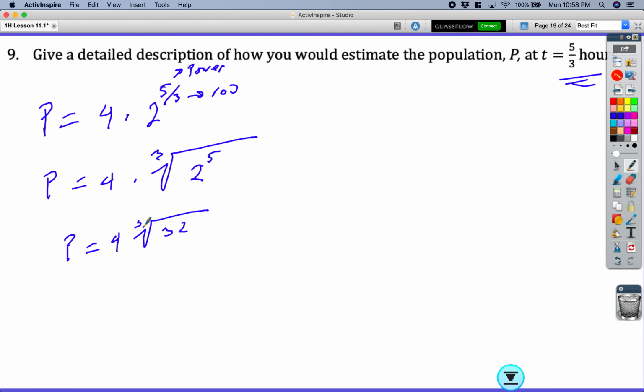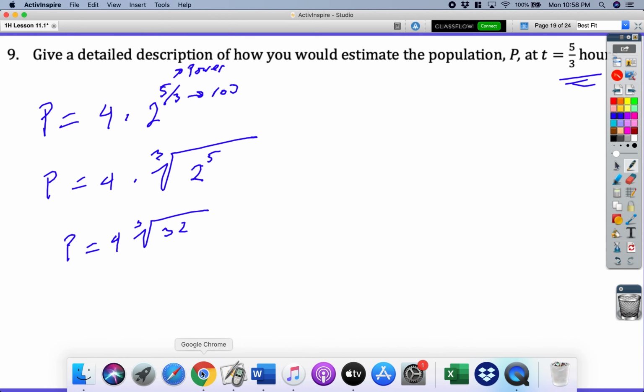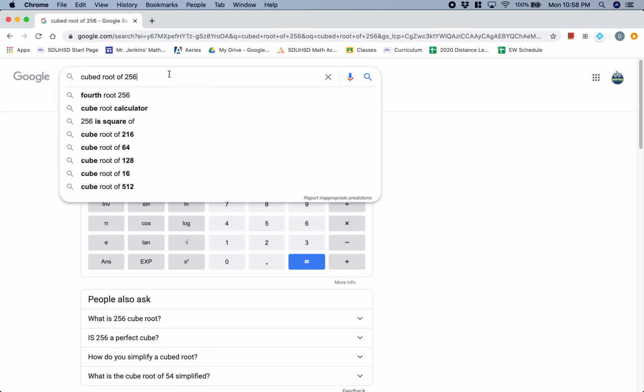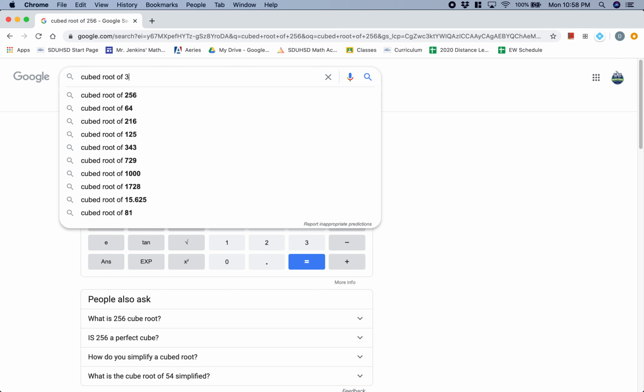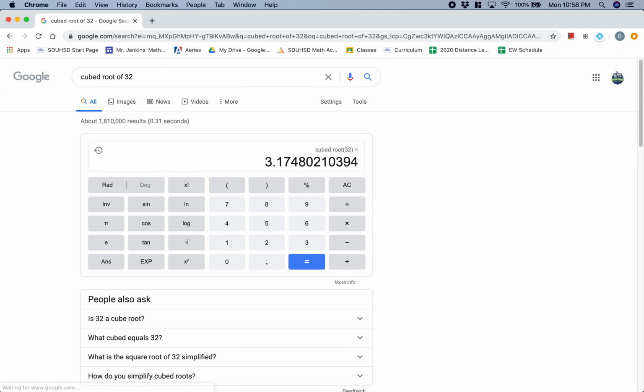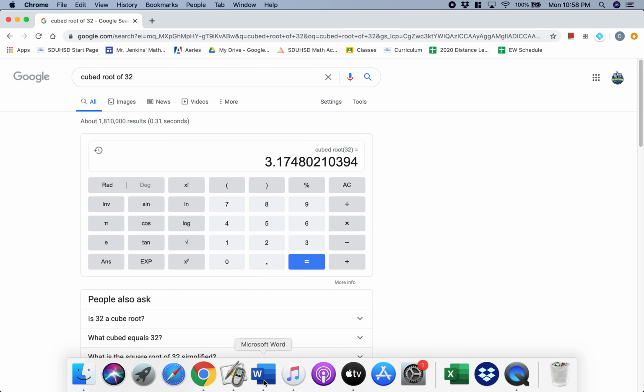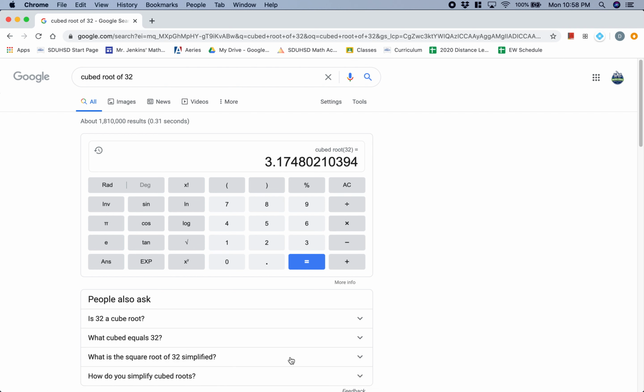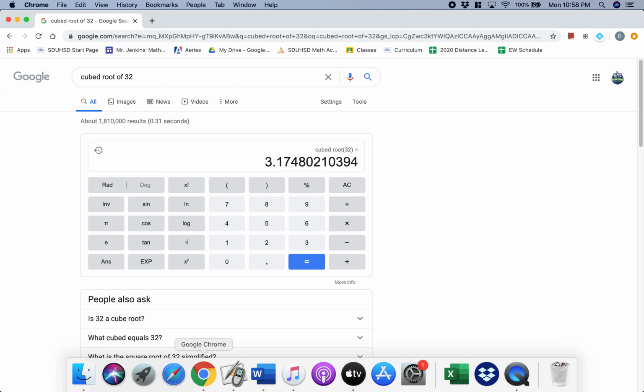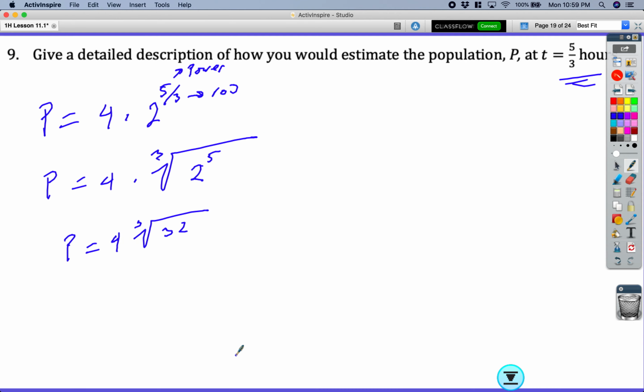And when I find the cubed root of 32, let's go ahead and bring this up really quickly. I have 3.1748. So we're going to have 4 times 3.1748.